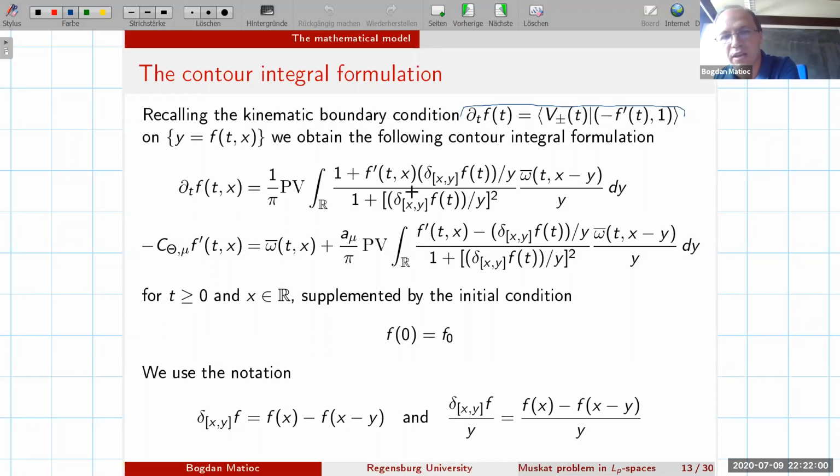So the case of equal viscosity is simpler because we do not have this coupling here. In fact, in the case of equal viscosities, one can formulate the Muskat problem as a quasi-linear problem, which is not the case when the fluids have different viscosities.